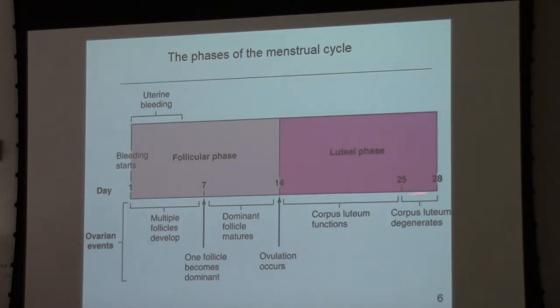And if there is not a pregnancy, the corpus luteum does not get the signals to sustain itself. It undergoes apoptosis and degeneration. And then the degeneration of the corpus luteum is what leads to the release of the highly developed uterine endometrium, and the menstrual cycle begins.